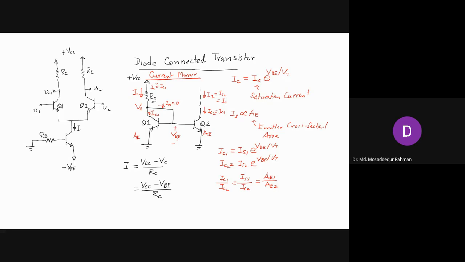Sir, the first amplifier or the transistor, which operational region is it in? Sorry, which operational region? I mean, is it active, saturation, or cutoff?